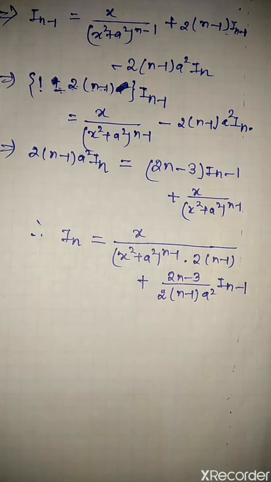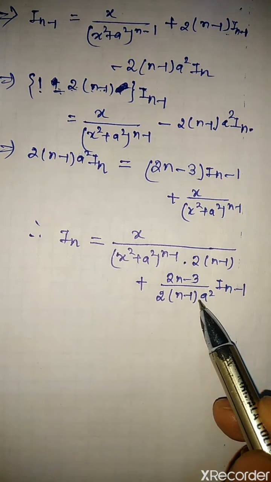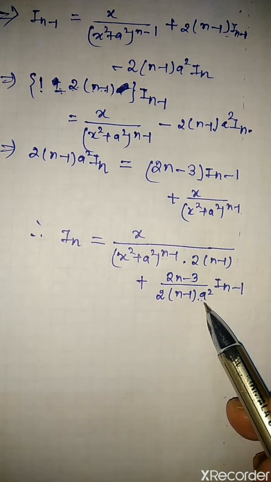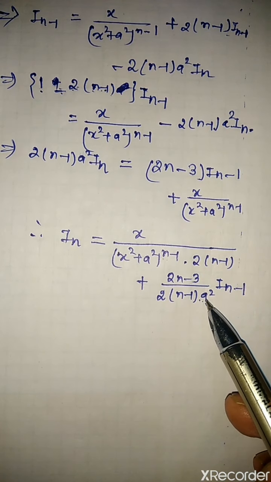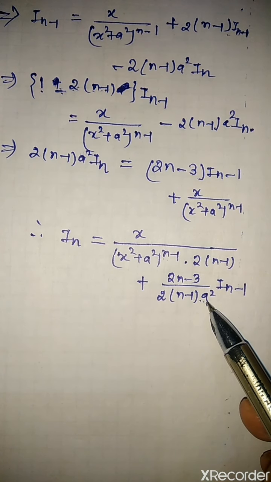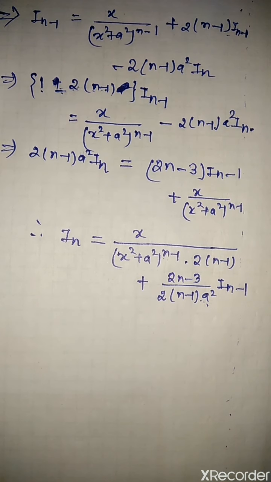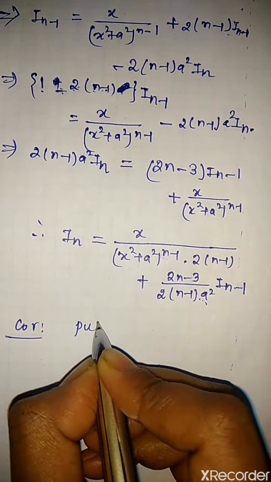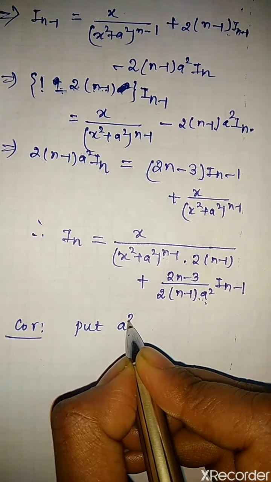But here two cases arise, since here we are having the a square. While substituting the value of a square, if we put a square equal to 1, here we put the 1, then what happens? So let us see. Put a square equals to 1.